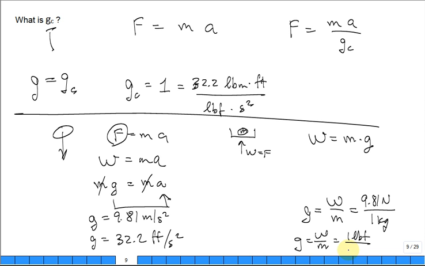How many pound mass did I have to put on that scale to get a weight of 1 pound force? 32.2 pound mass. Your brain is fast, but sometimes you drive fast and you go off the curve. Remember, I had a scale. I put some mass on it, and I looked at the scale and said, hey, your weight is 1 pound force. How much mass did I put on that scale?